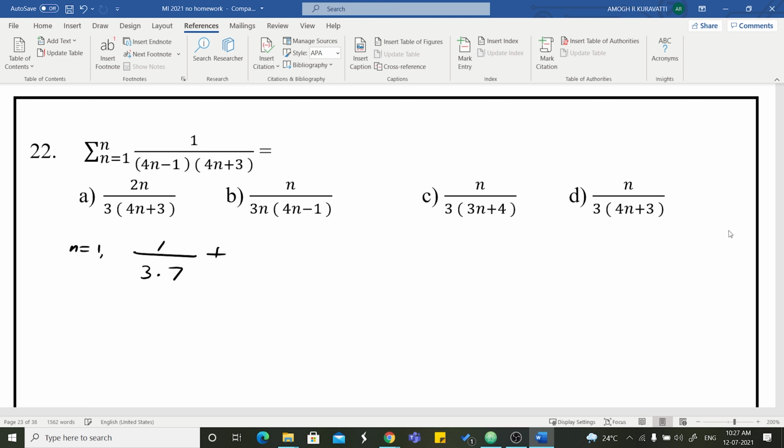Put n is equal to 2: 1 by 4 twos are 8 minus 1, 7, into 4 twos are 8 plus 3, 11. Put n is 3: 1 by 12 minus 1, 11.